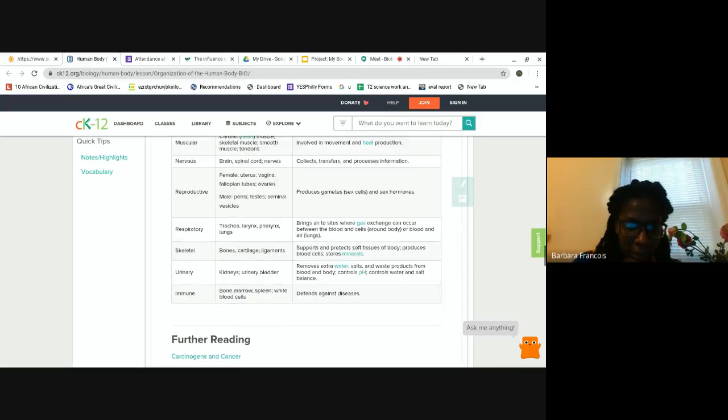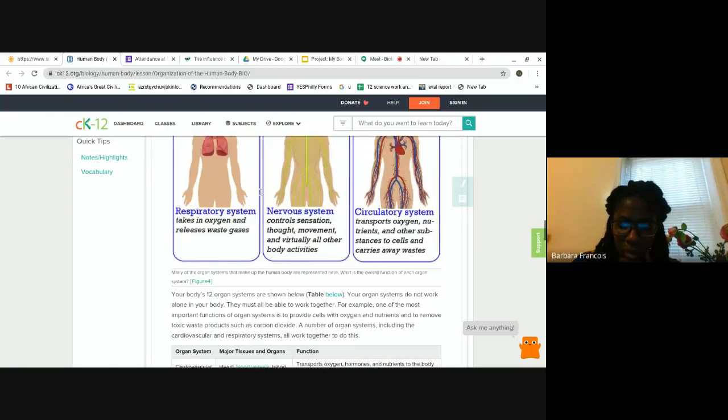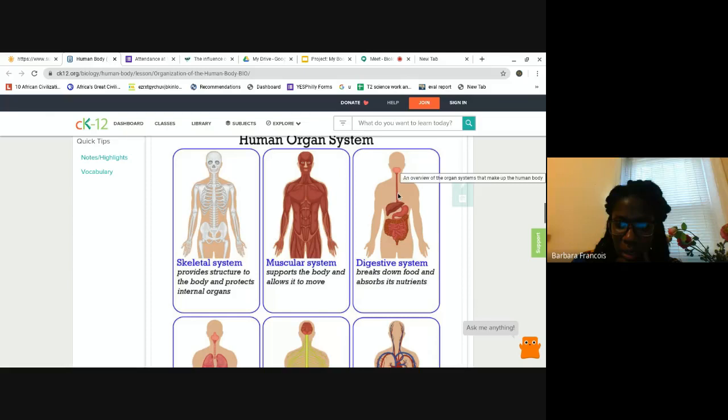Here it's telling you all the major parts of the digestive system: the esophagus, the stomach, small intestine, large intestine, right? It didn't even start with your mouth, because your mouth is the beginning of the digestive system, but it started with the esophagus, stomach. It didn't talk about the liver.